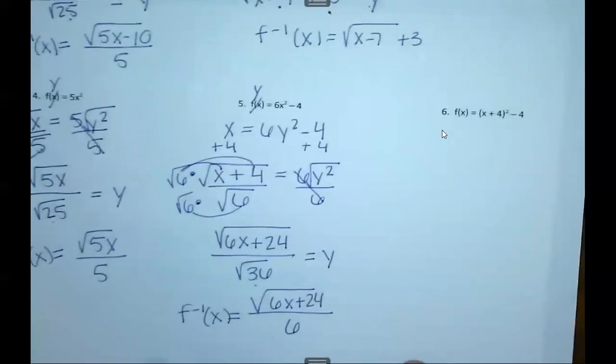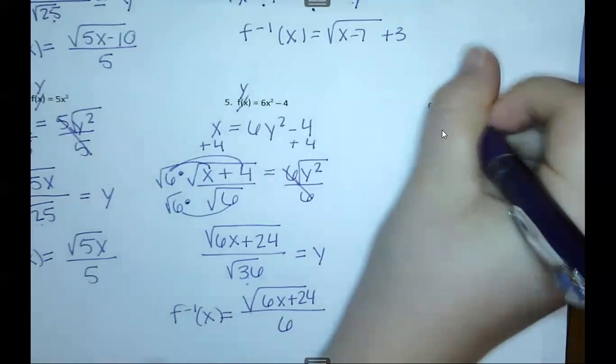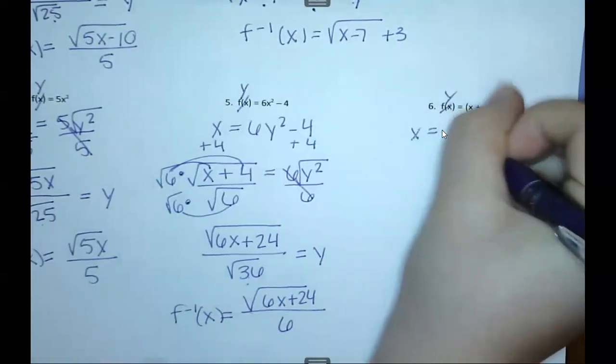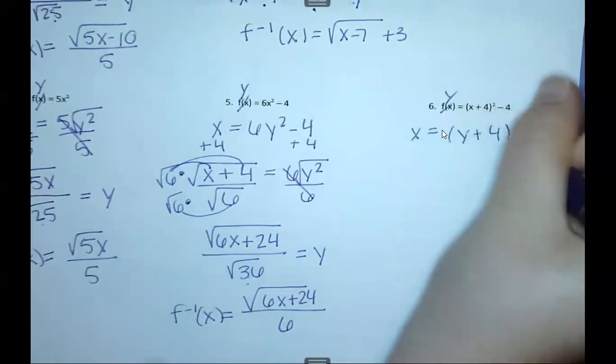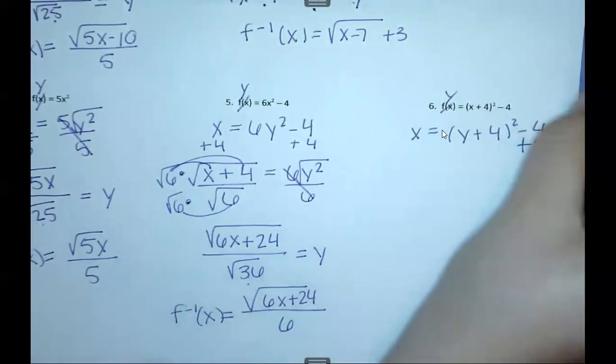All right, last one. So we have to switch our x and y. So I'm going to have x equals y plus 4 squared minus 4. So first thing I'm going to do is move the 4.